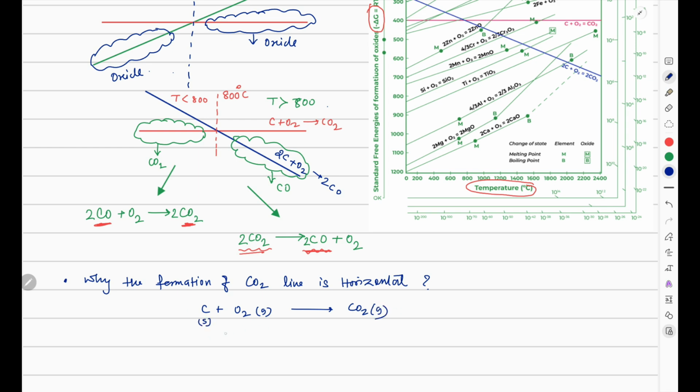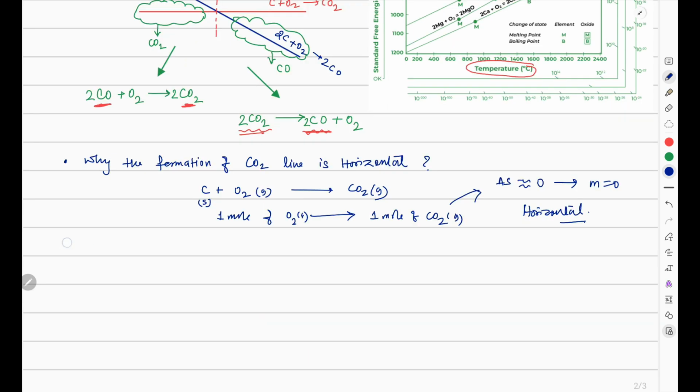As in this reaction, 1 mole of oxygen combines to form 1 mole of CO2, and both are in the gaseous form, the entropy change in this case is negligible, that is delta S is almost 0. That's why the slope in this case is 0, that is m equals 0. That's why the line is horizontal.